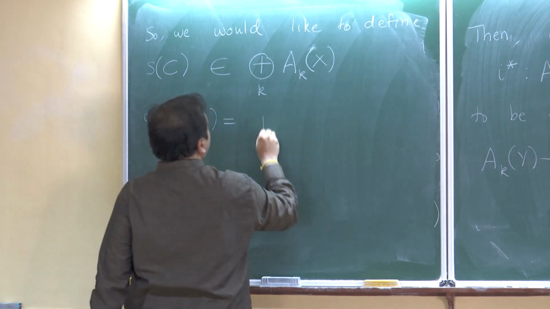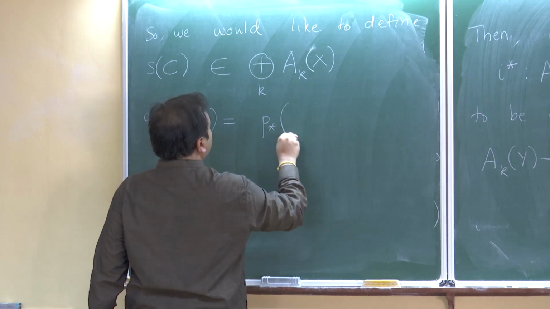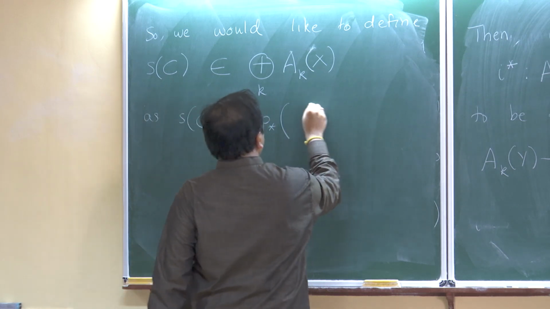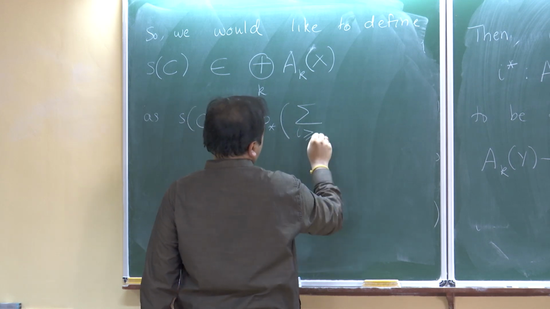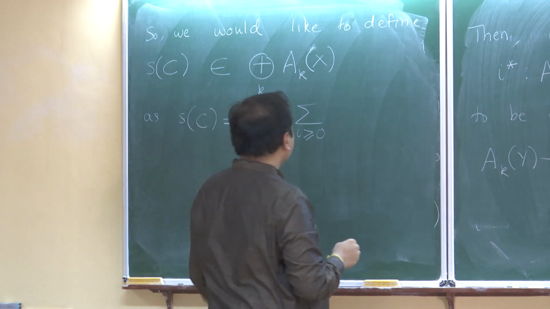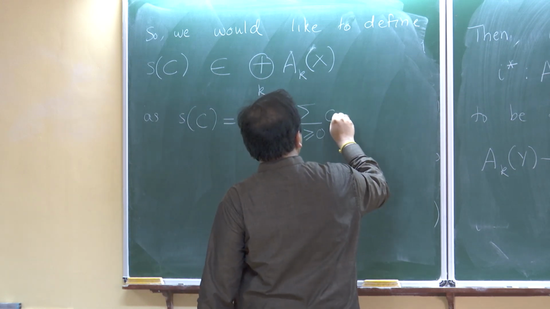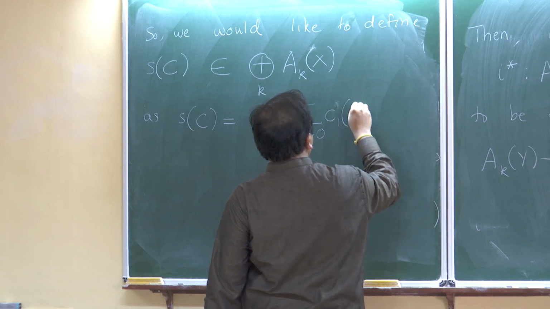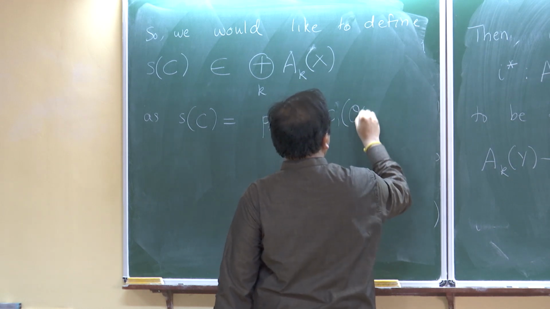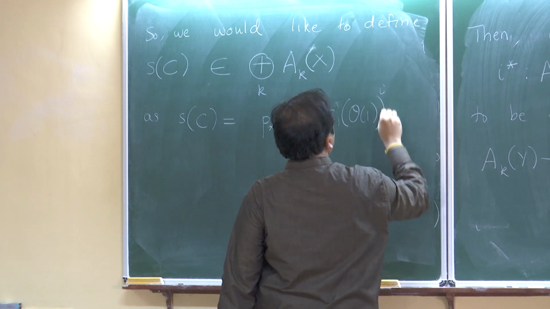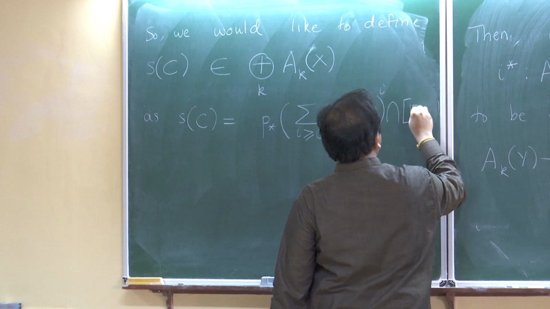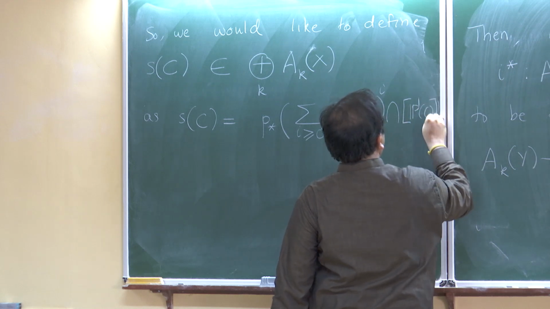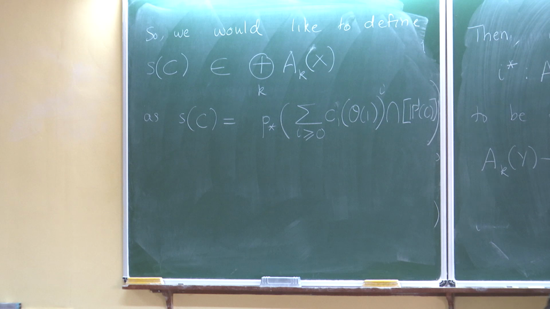This is equal to p lower star of the sum over i greater than or equal to 0 of c_1(O(1))^i capped with [P(C)]. So this is what we would like to do.